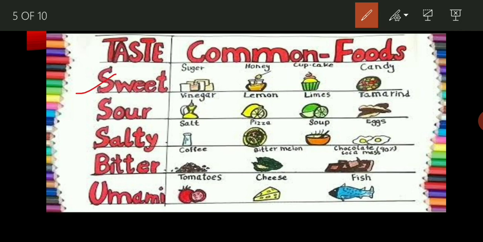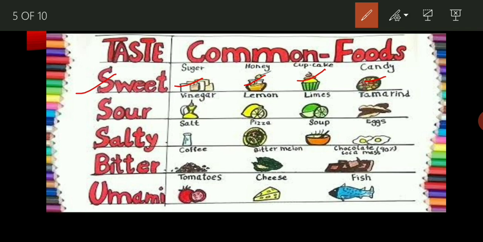First, the taste is sweet. Hope everybody can give the name of the food items which are sweet in taste. Let's start. Sugar, honey, cupcake and candies. These are the food items which are very sweet in taste.